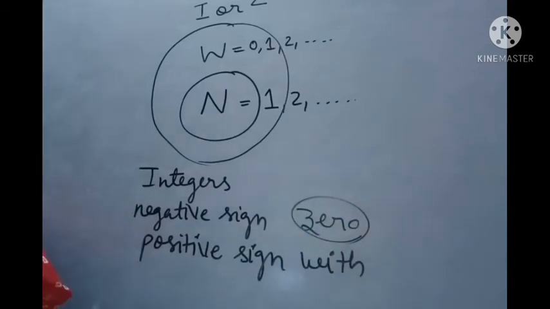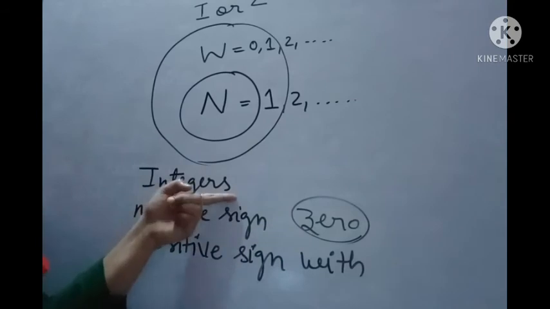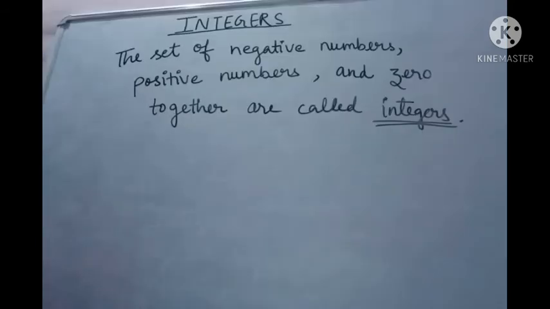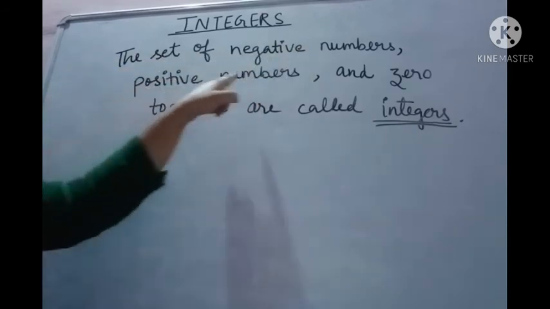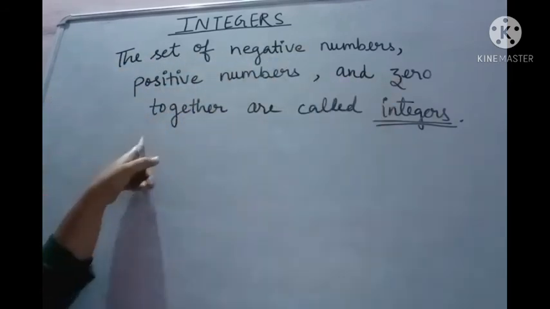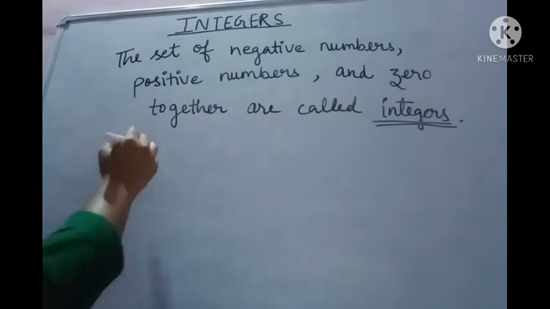So all those negative numbers and positive numbers along with 0 are known as integers. The definition of integers: the set of negative numbers, positive numbers and 0 together are called integers.